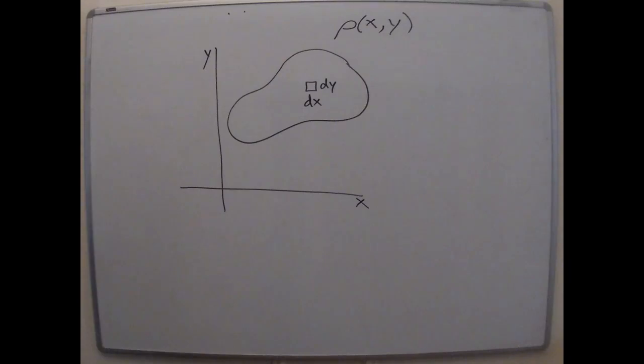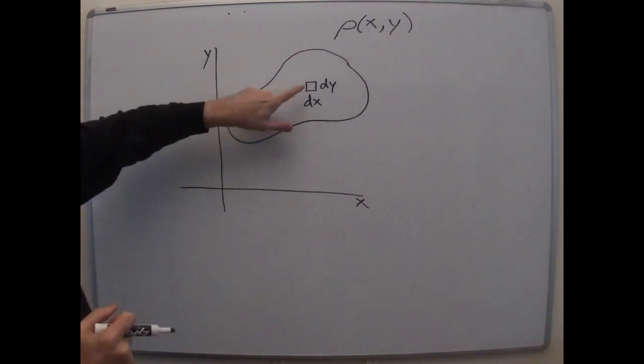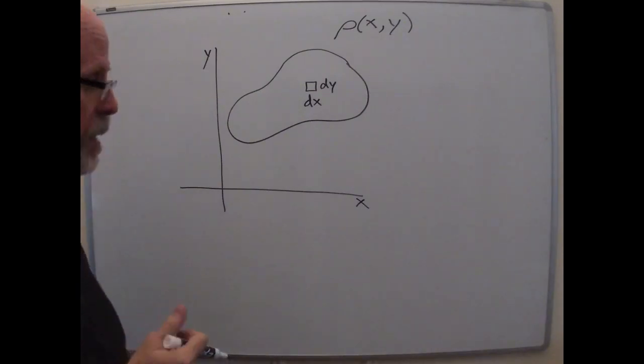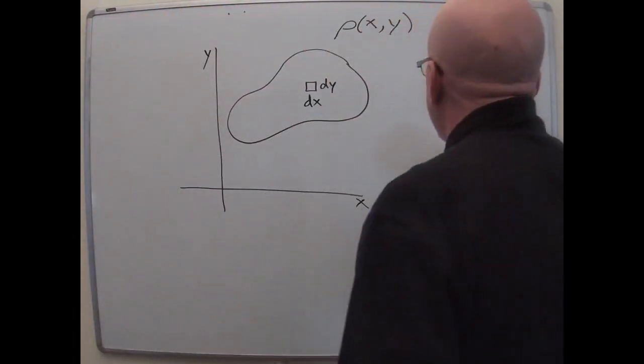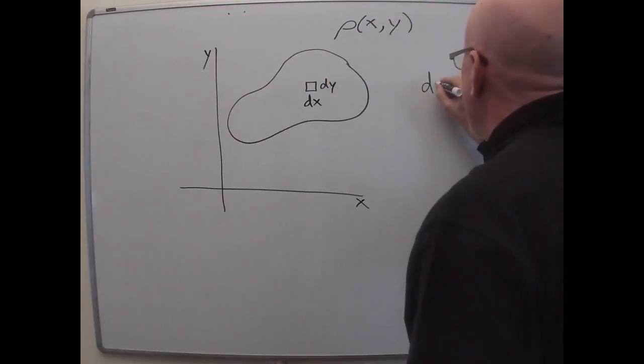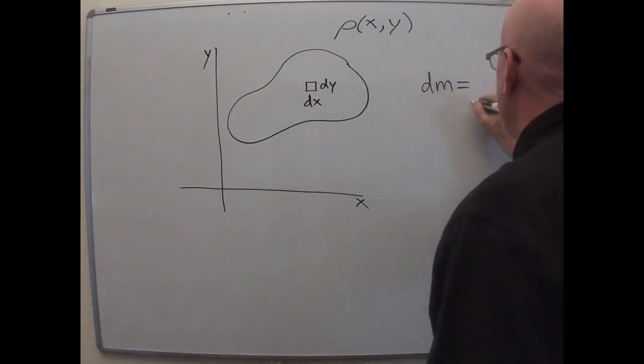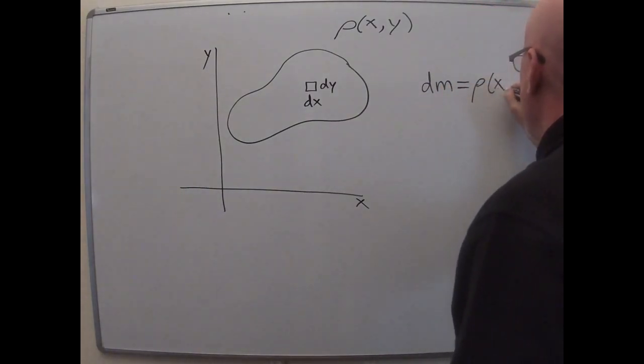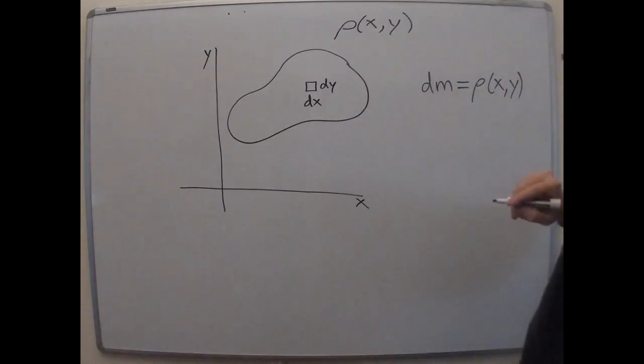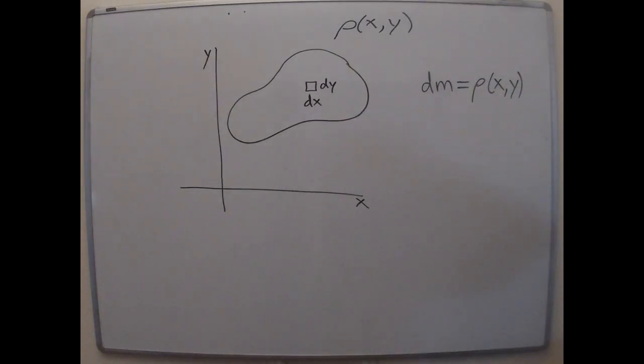And so what's differential mass in this setting? It's rho of x,y times the area, dA, as I'll call it. I can't decide whether I should call it dx dy or dy dx or dA. Right now I think I'm just going to say dA, mostly because I'm out of space.